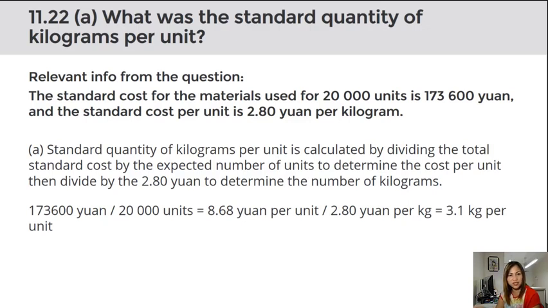So that's the answer for the first one. From this information that we already calculated, 2.8 yuan per kilogram is the standard price that you set for direct material. What about 3.1 kilograms? 3.1 kilograms is the standard quantity per unit of direct material.